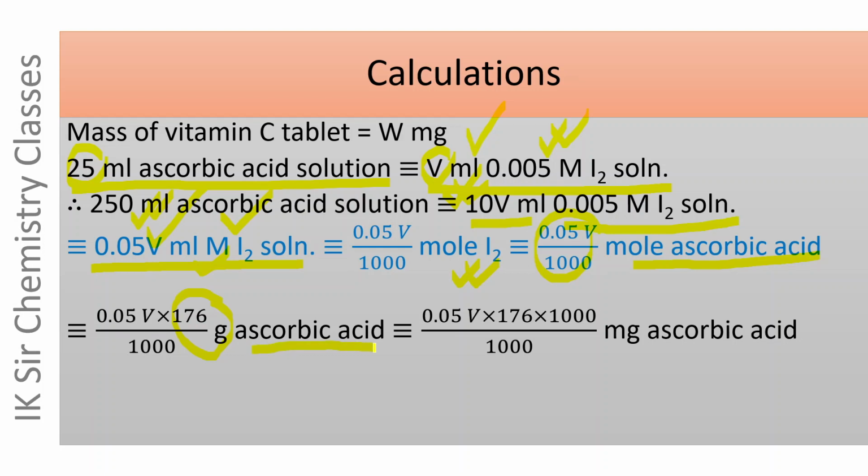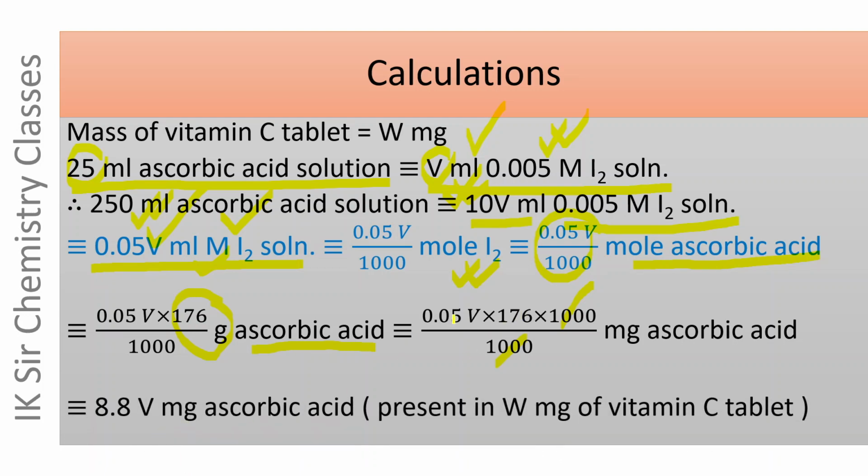And on transforming gram into milligram, we have to multiply by 1000, which will be cancelled out, and these two terms on multiplying give 8.8 V milligram ascorbic acid, which is present in W milligram, that is 1 tablet of vitamin C.